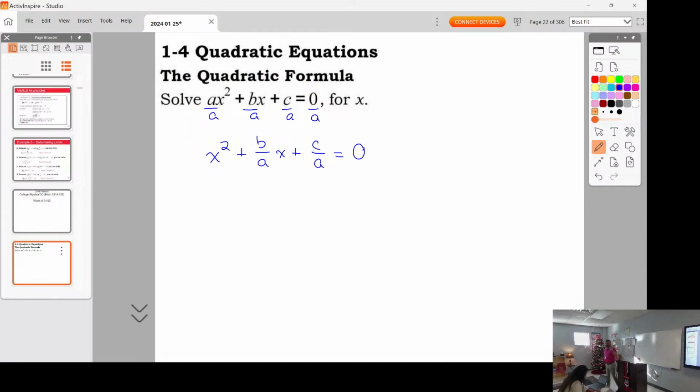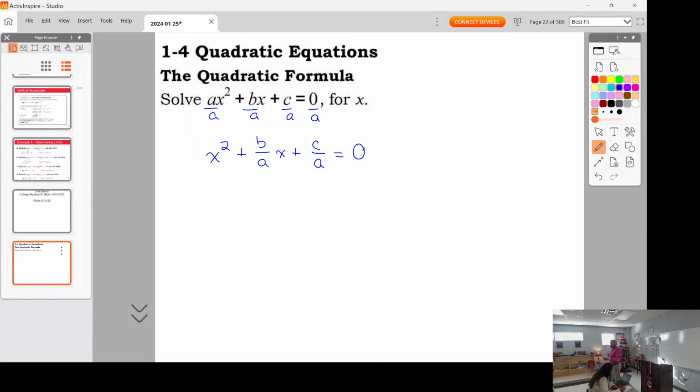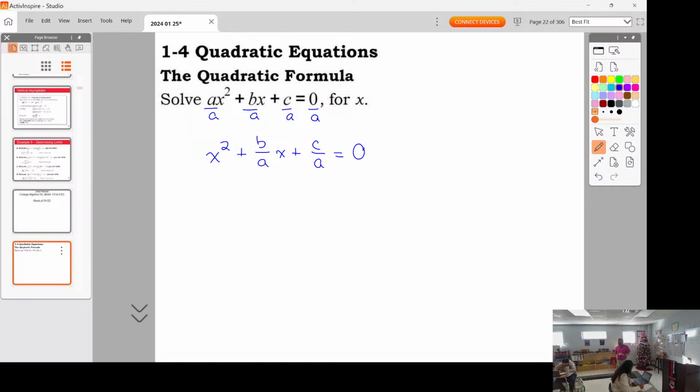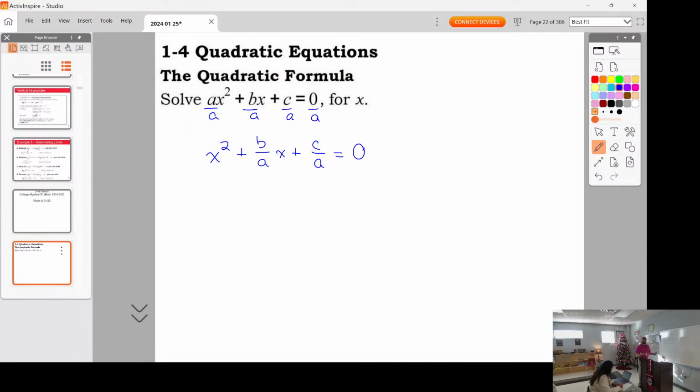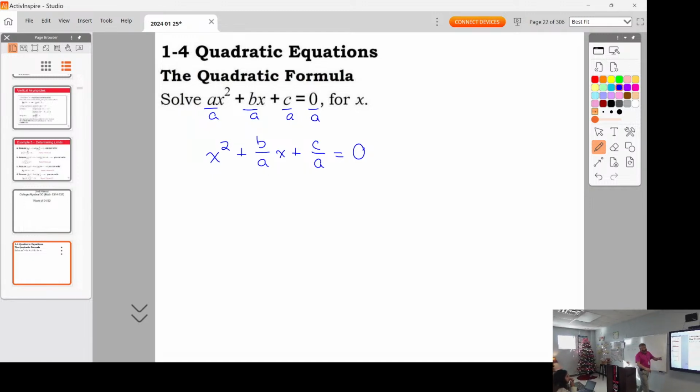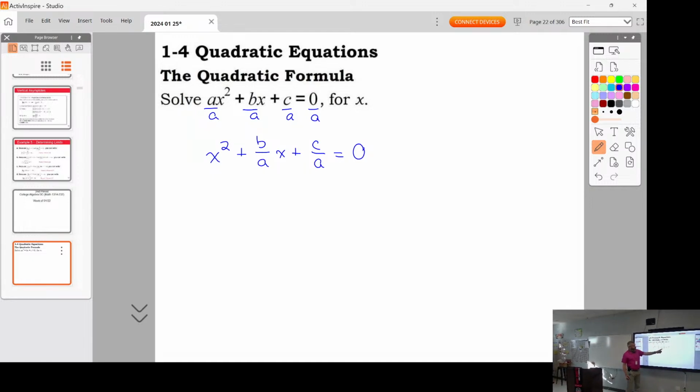What was the second thing we did? Subtract c. We had to get rid of that constant, right? Because we're completing the square on that x squared plus bx. So I've got to get rid of the c. What is my c term right now? C over a is my c term. I'm going to subtract c over a from both sides.